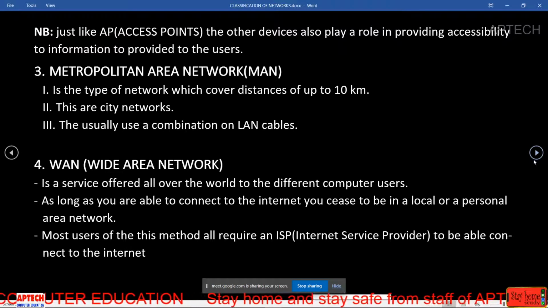Then the metropolitan area network. If you're dealing with cities, obviously the distance comes into play. If you move around town, there are always those manholes. Have you seen those manholes, where you see guys entering in, with some sort of pipes?